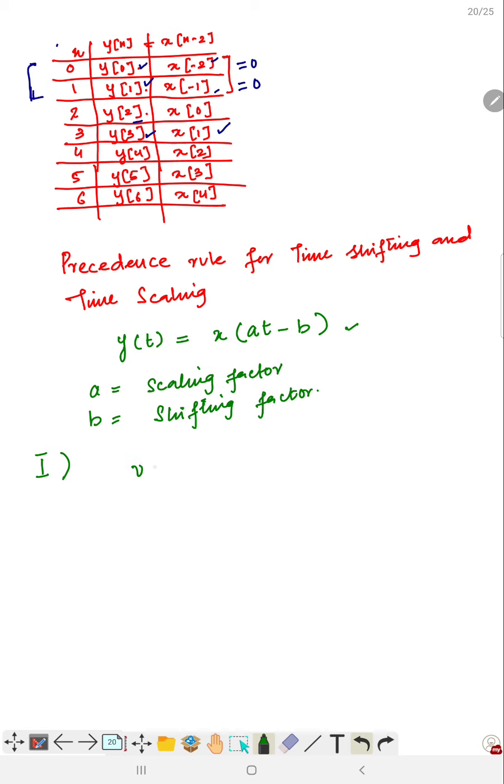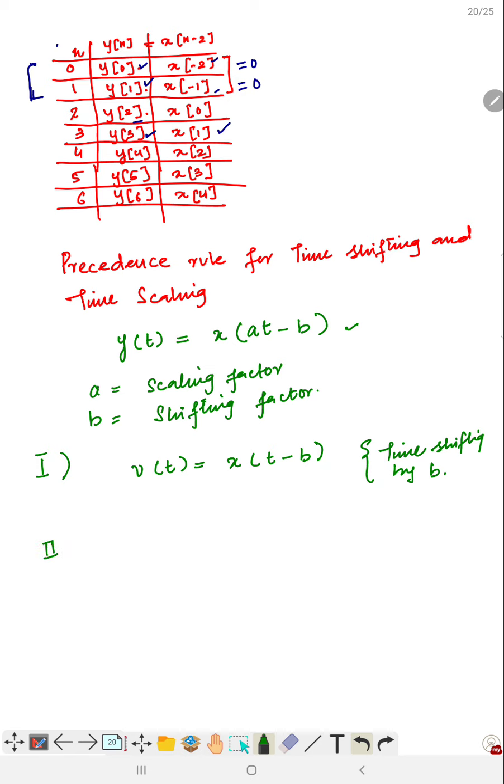So to obtain this from x of t, we first perform the shifting operation. I will define an intermediate signal v of t, which is the shifted version of my original signal. So it is x of t minus b. First we perform time shifting by factor b to get an intermediate signal v of t. Once we are done with the time shifting, then we perform scaling.